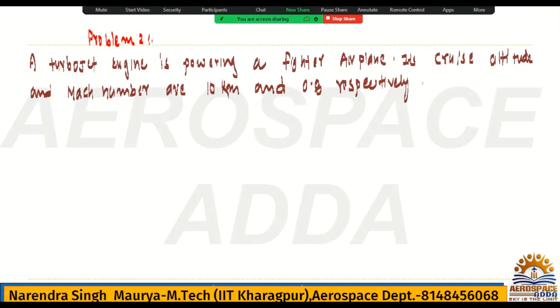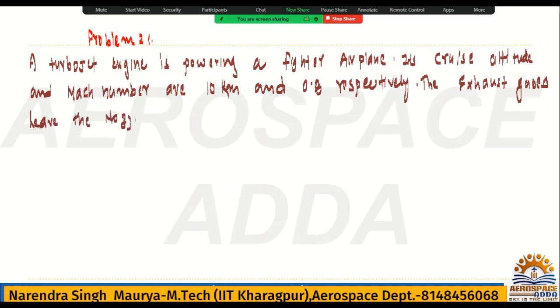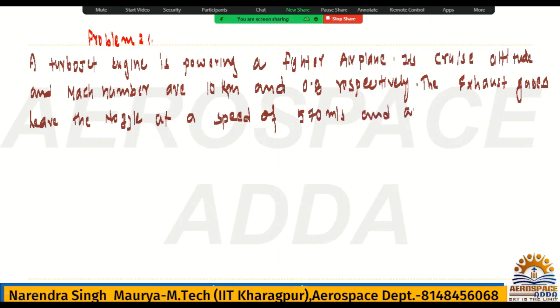The exhaust gases leave the nozzle at a speed of 570 meter per second and a pressure of 0.67 bar.